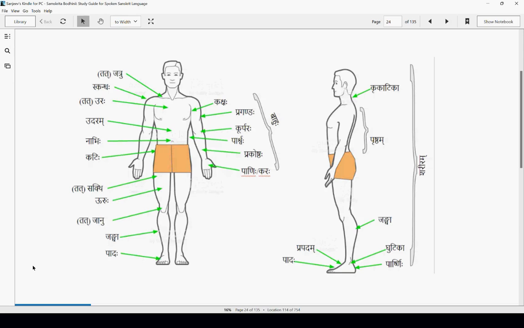Prapadam. What is Prapadam? Prapadam is the part which is shown, what is it called? The front foot. The area below the ankle and before the toes.